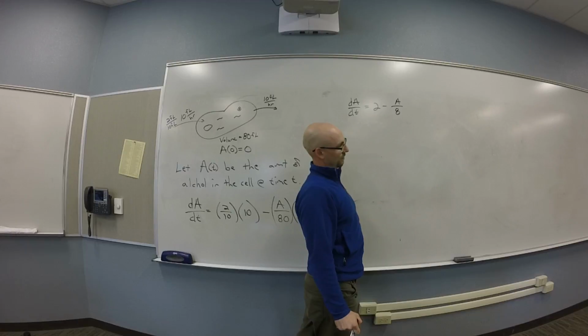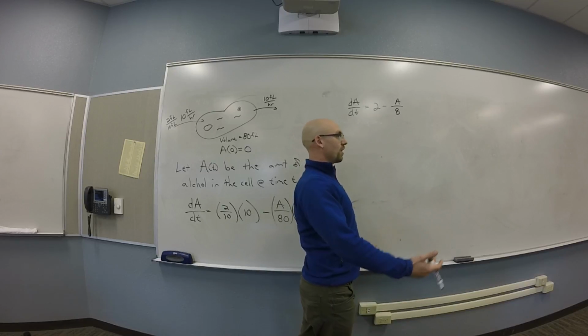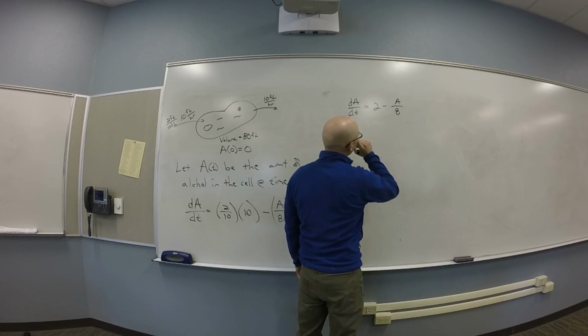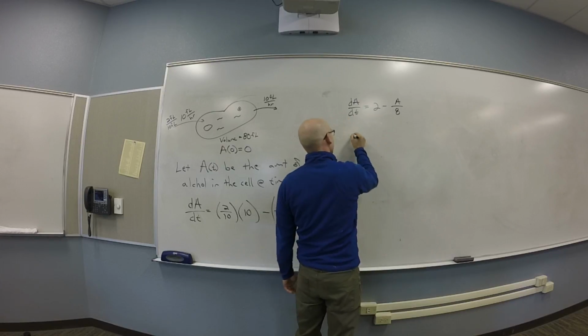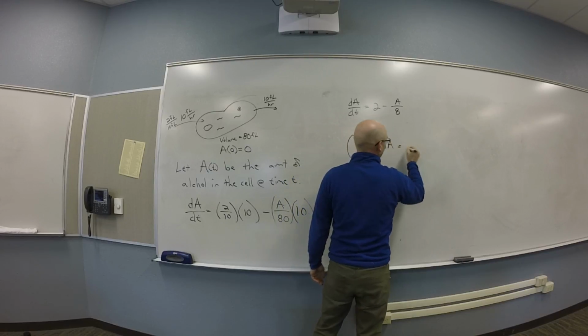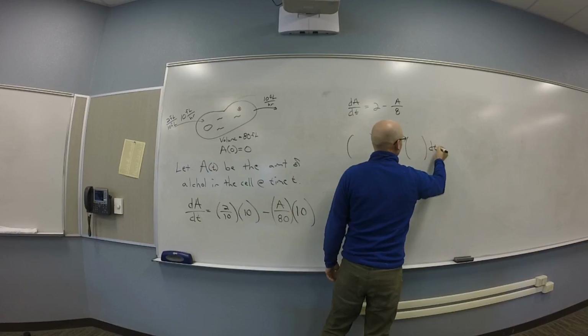Well, I was thinking, couldn't you just add the A over 8 to the other side, multiply the dt over, like just separate it? Yeah, you could also separate variables. So when you separate variables, what you need is something times dA equals some other thing times dt.